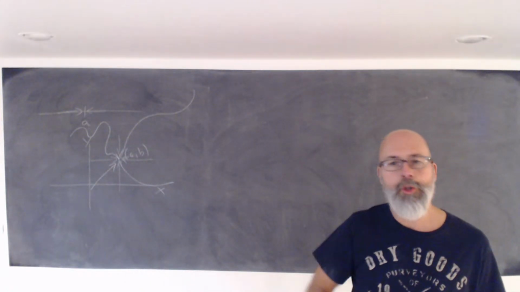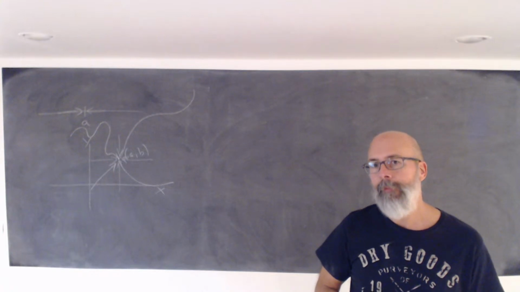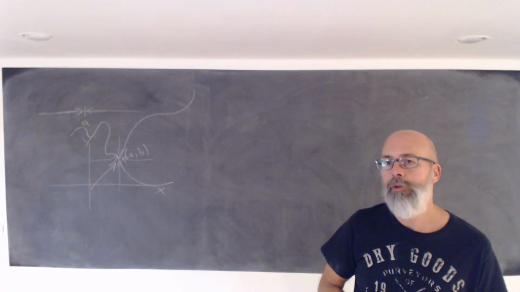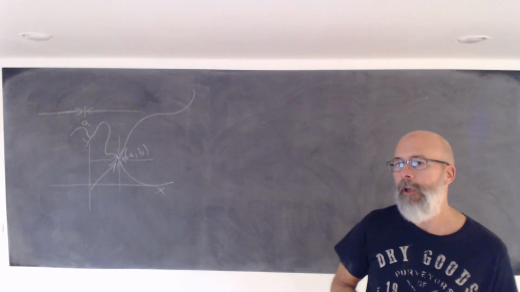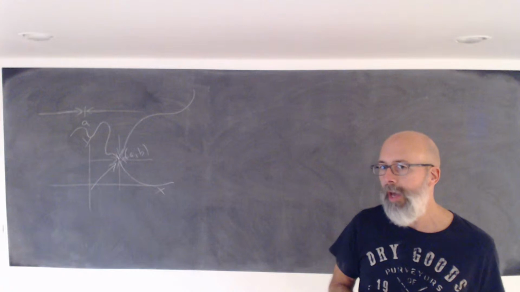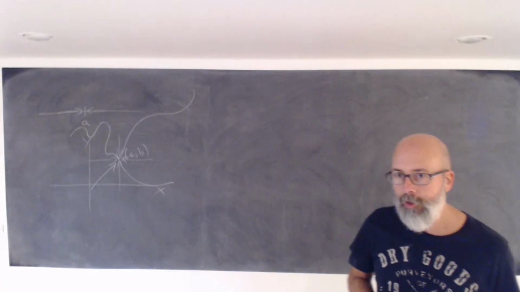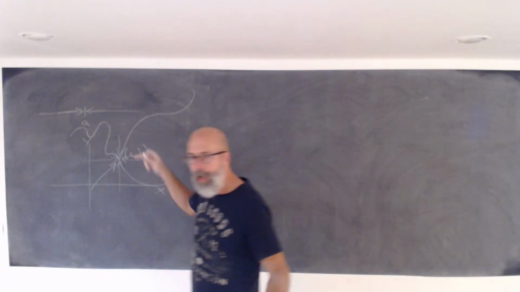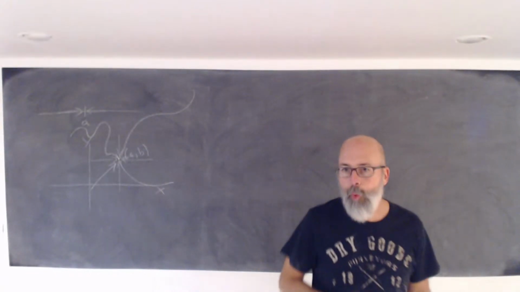And that illustrates the difficulty of extending the limit definition to higher dimensions. There isn't just two ways to approach a point now. A point can be approached by infinitely many different ways.